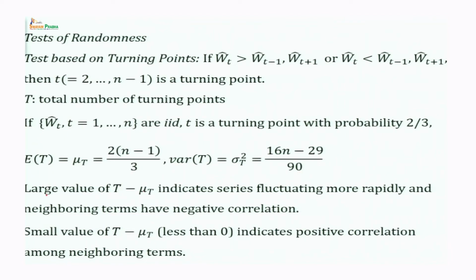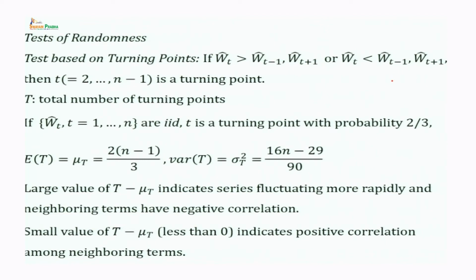So, if T minus mu T is large, it means the series is fluctuating more rapidly than the usual random series. Look, this mean you have obtained under the assumption that W hat ts are randomly distributed.